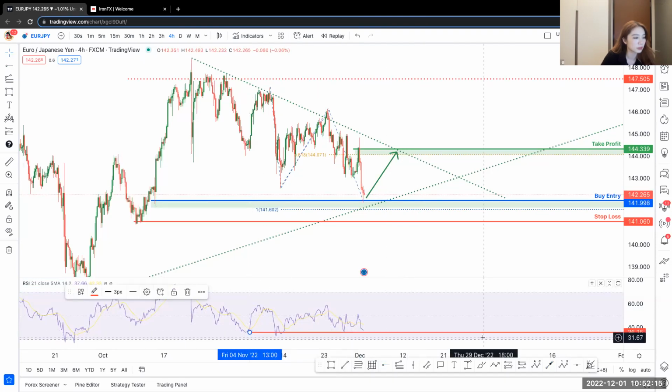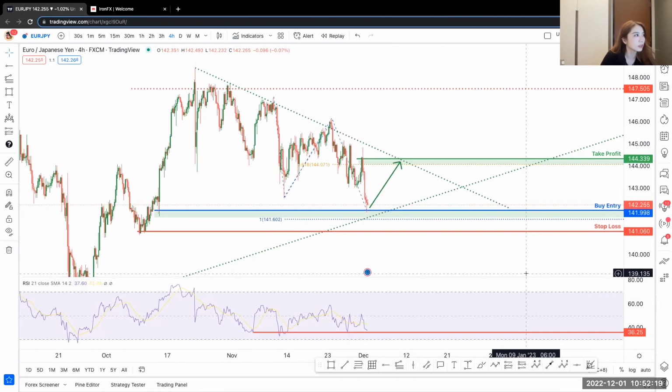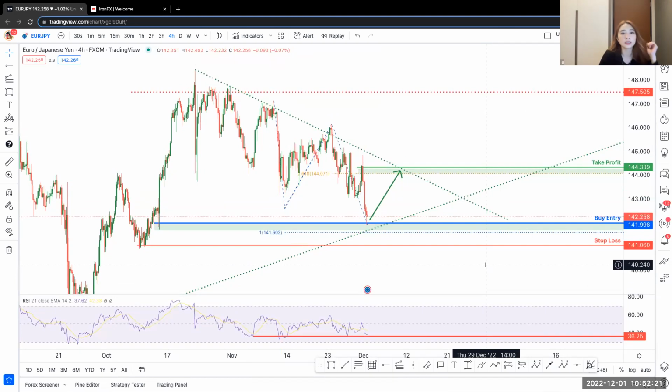Looking at touch and bounces of the support over here. Euro JPY for me, this is how I'm looking at it.